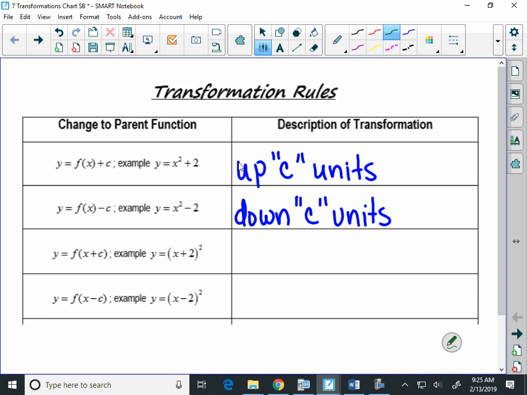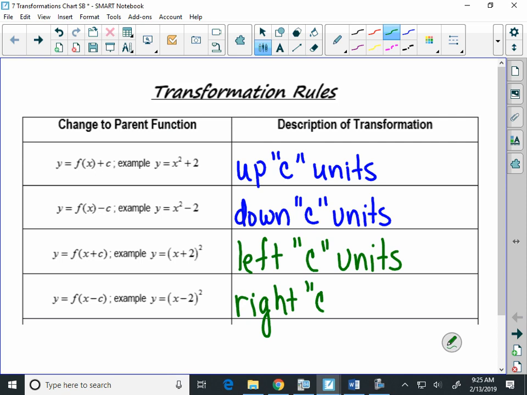Now f of x plus c, the plus c is inside the function, means that we're going to move our graph left c units. And if we subtract c, then we're going to be moving our graph right c units. In this case, right 2 units.